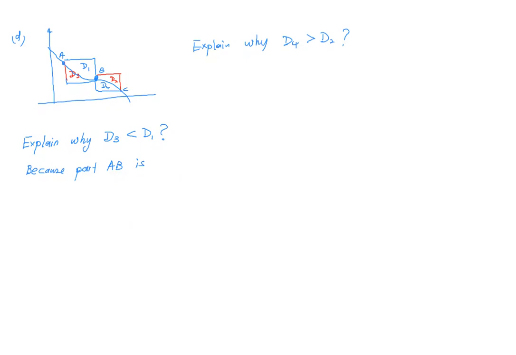Because I see the shape of the graph. Because part AB is concave. Concave what? Curve. Upward or downward? Downward.